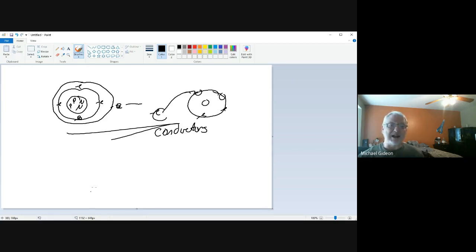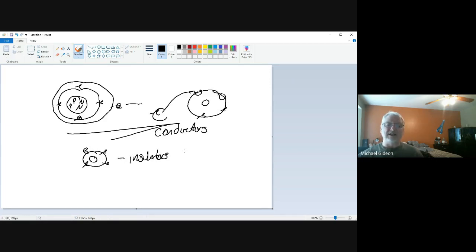On the opposite side, if we've got an atom and the electron valence is full, electrons aren't going to be able to escape or add in easily. It can happen, but it doesn't happen easily, and we call these insulators.